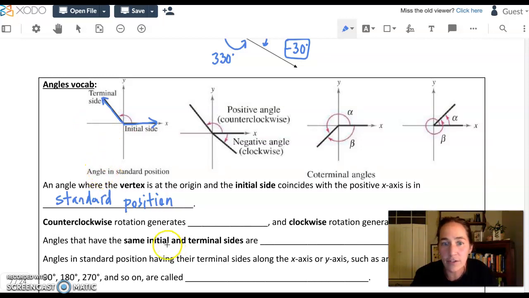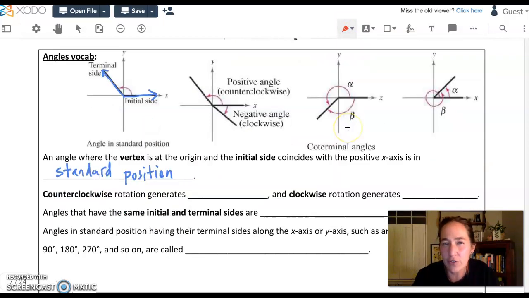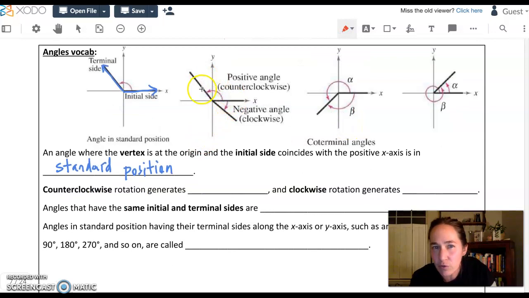Now, today we'll be talking about negative and positive angle measures, and the difference is going to be the way that you rotate. If you rotate from the initial side counterclockwise, that's your positive angle measurement, right? That's what we typically see here. So counterclockwise rotation from the initial side generates positive angle measures.